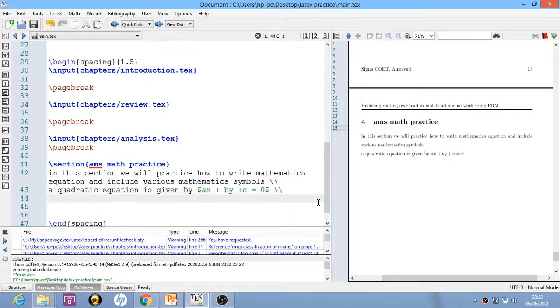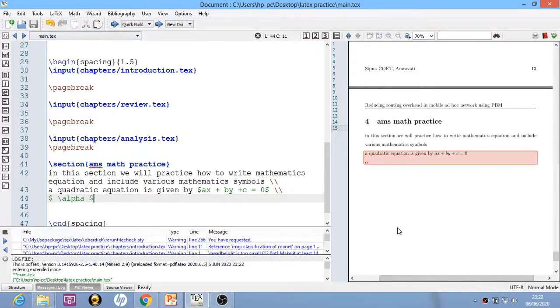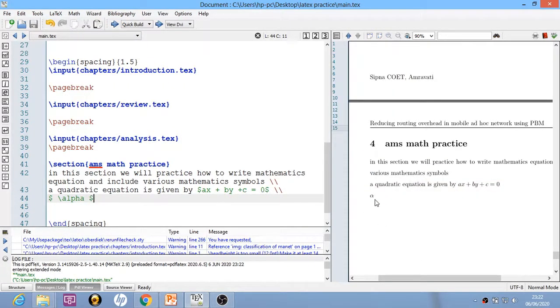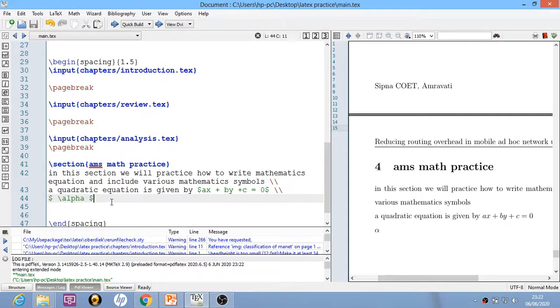Now let us see how you can include various math symbols. To do so, you will write dollar backslash alpha for alpha. I will compile this and I can see that the alpha symbol will appear on my screen.